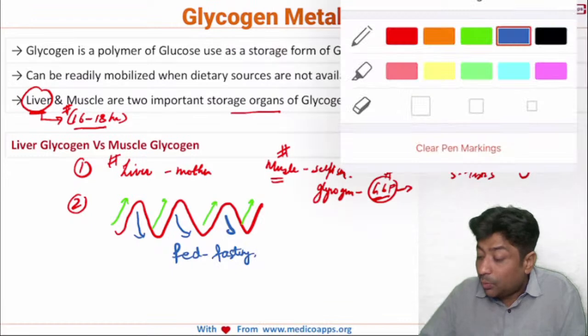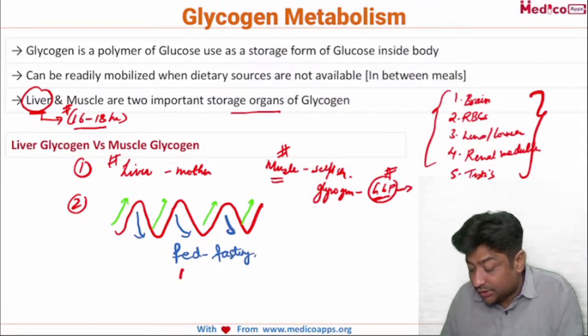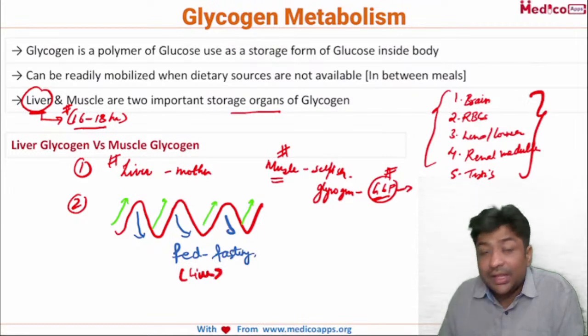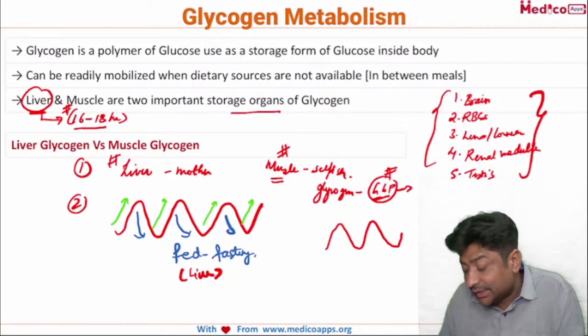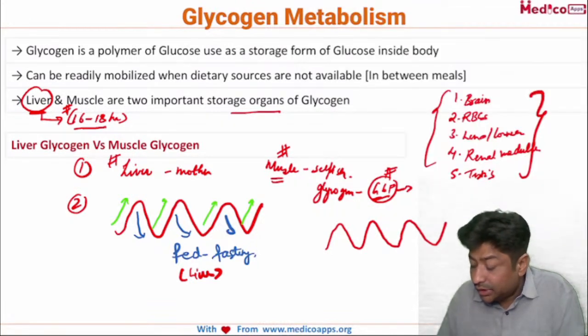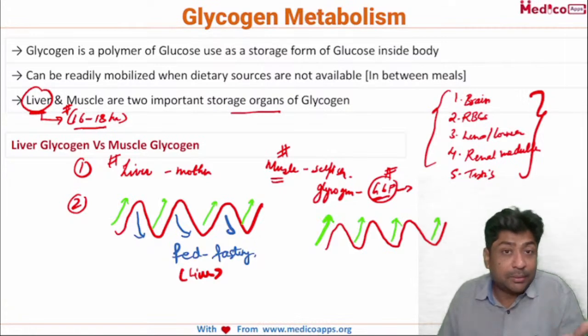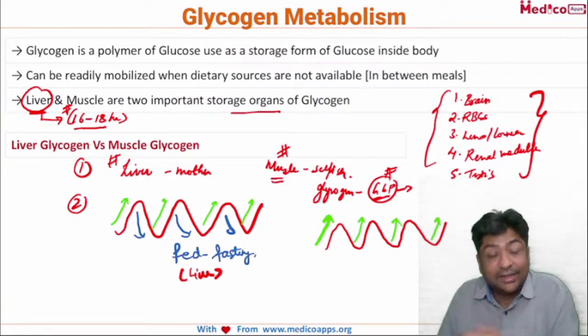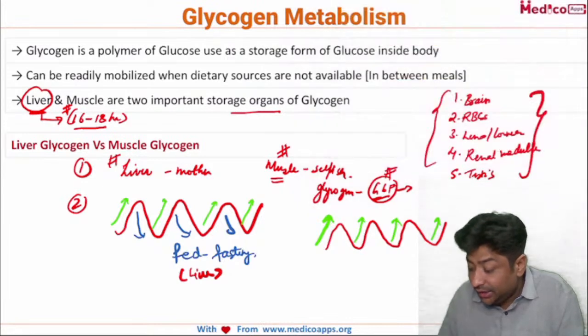Let's talk about what about our muscle glycogen. Again, look at muscle glycogen. Muscle glycogen will increase, decrease, increase, decrease with time. But here, the muscle glycogen will increase when you are in rest state. When the muscle is in rest state, the muscle will accumulate more glucose inside it and convert it into glycogen, and it will decrease in your exercising state.